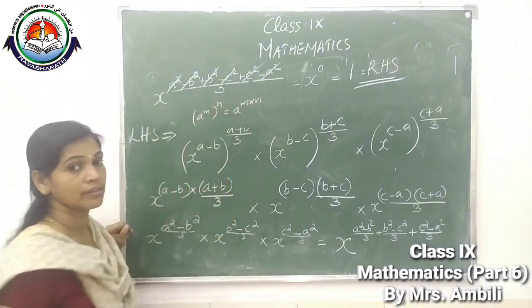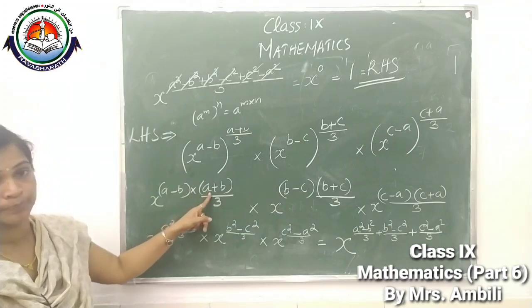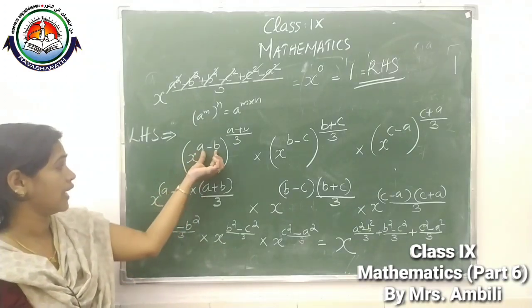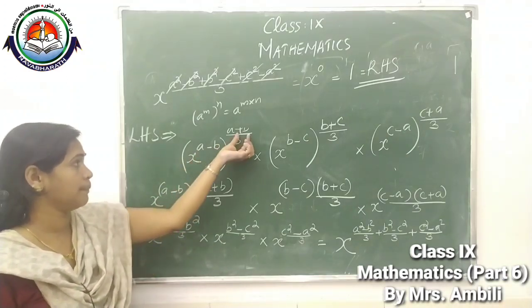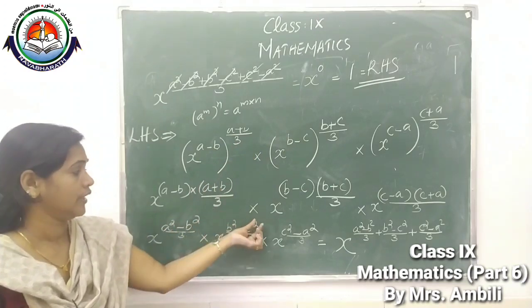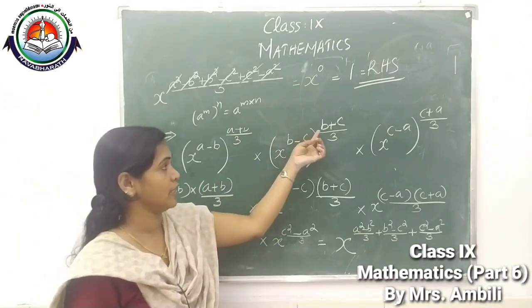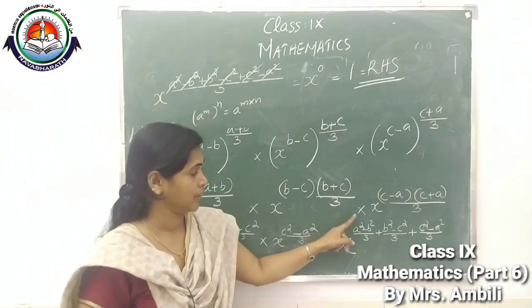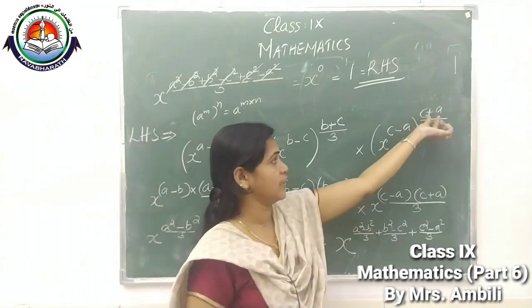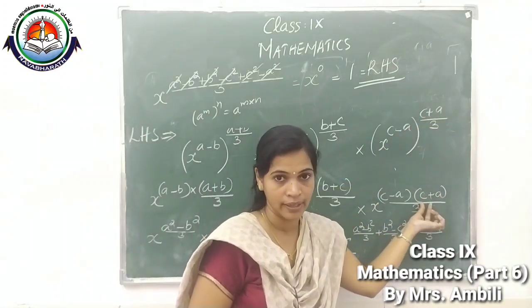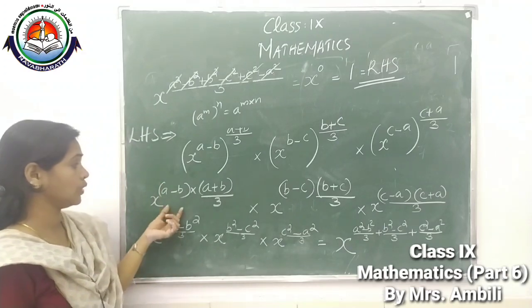That we applied in the next term. X raised to a minus b into a plus b by 3. Here also x raised to b minus c into b plus c by 3 into x raised to c minus a into c plus a by 3. Clear? Okay.